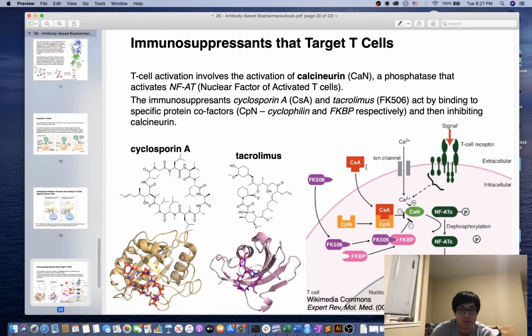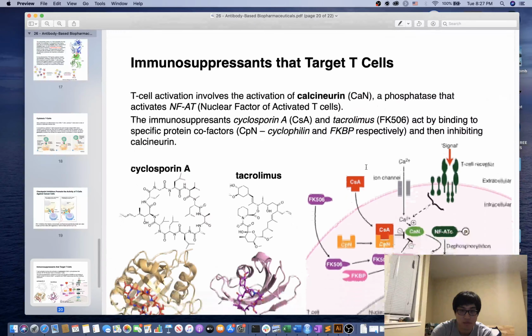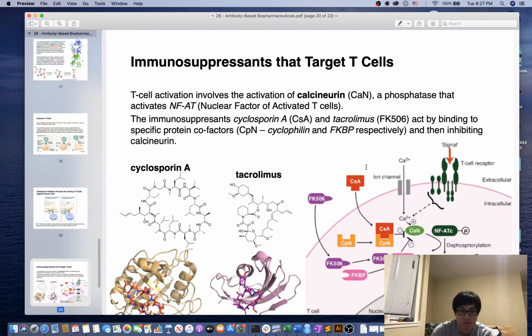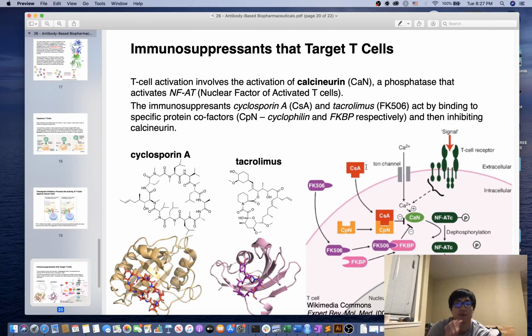I haven't gone through this stuff. Immunosuppression.